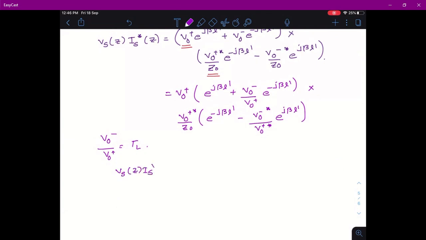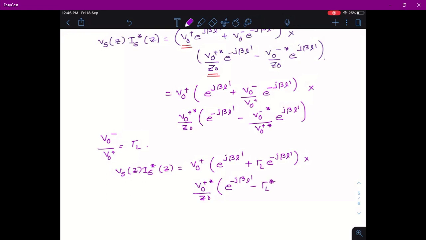into Is conjugate of Z is equal to V0 plus into e raised to j beta L dash plus tau L e raised to minus j beta L dash, multiplied by V0 plus conjugate by Z0 into e raised to minus j beta L dash minus tau L conjugate e raised to j beta L dash.